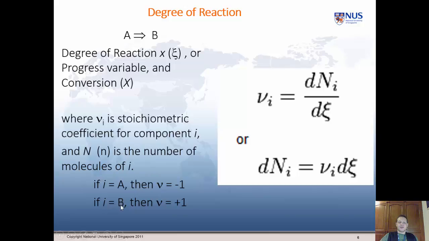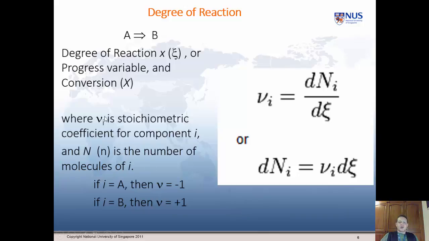If i is B, then nu is equal to +1 because B is being formed. And it maybe is obvious, but nu for any species i equals the differential of the number of molecules of i divided by the differential of x, that little x, the degree of reaction, and therefore that rearrangement is true too.